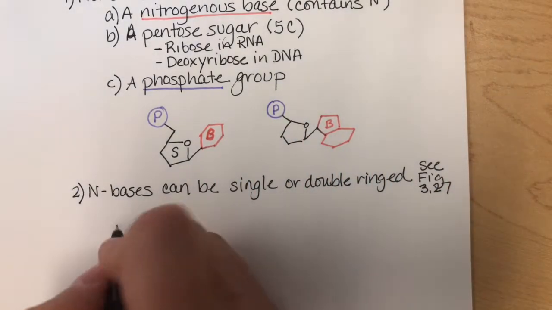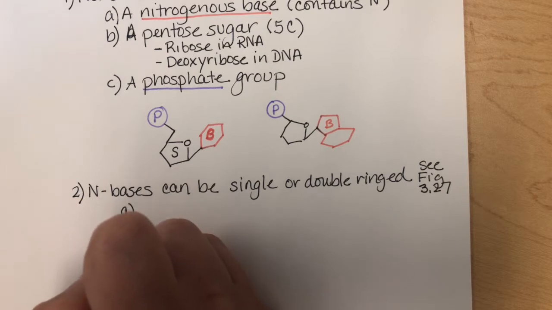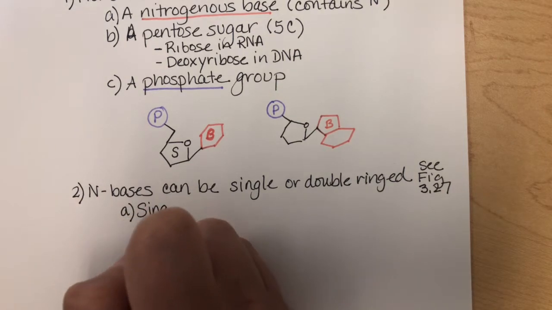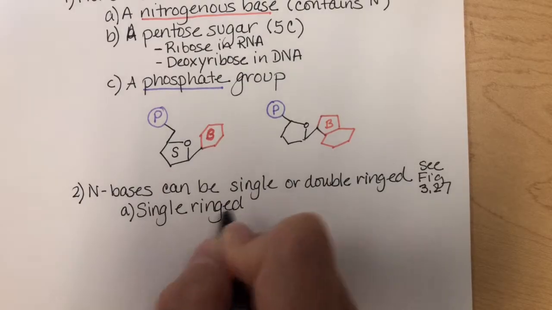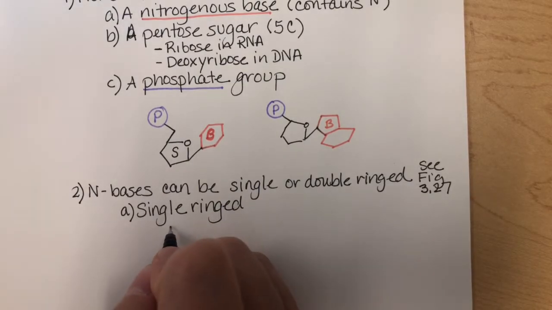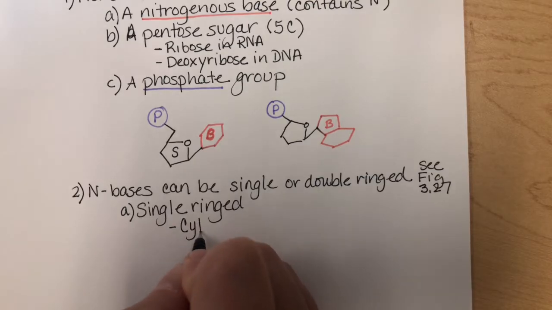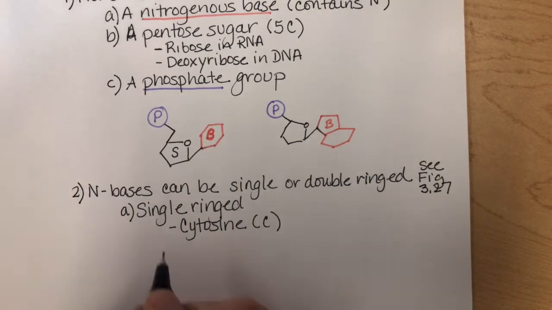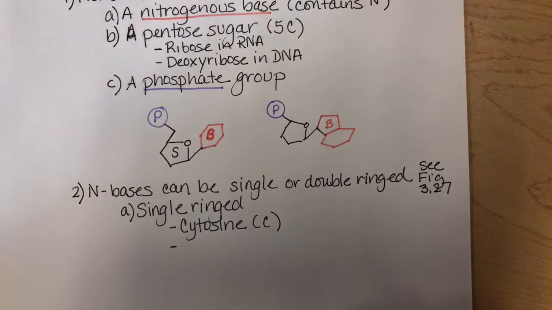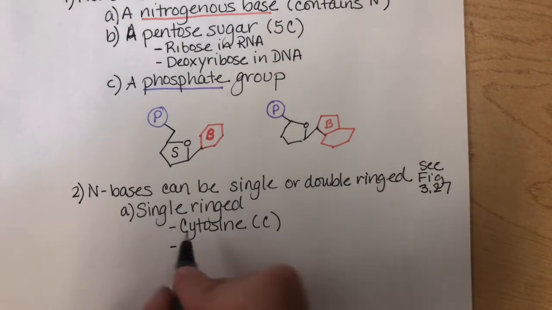So let's write here, you can have single ringed nucleotides. And so some of these you may have heard of. Single rings are cytosine. Sometimes we represent that by a C. So these are nitrogenous bases that are found in nucleic acids.